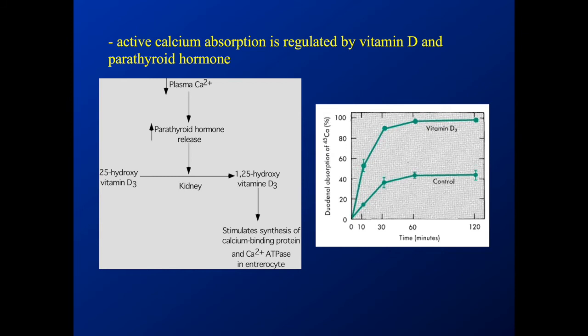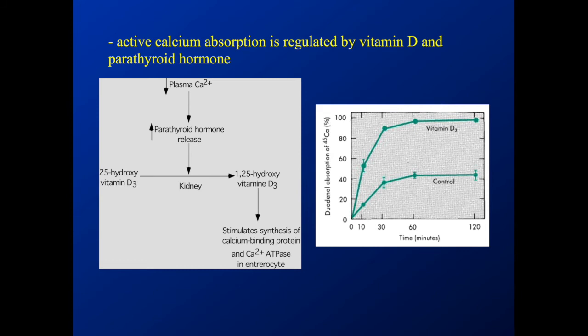So if the calcium in the blood drops, this is sensed, and then you get the release of parathyroid hormone that acts on the kidney, and this changes 25-hydroxy vitamin D3 into 1,25-dihydroxy vitamin D, and this stimulates the synthesis of calcium binding protein and calcium ATPase in the enterocytes, stimulating the absorption of calcium.